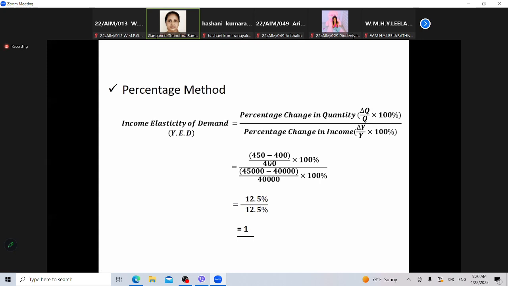Little difference, but I think the others got a very good answer. Bandara, Hemachandra, and somebody else got the same answer. Vimandya got the same answer, 1.125, and Hashani also got the same.